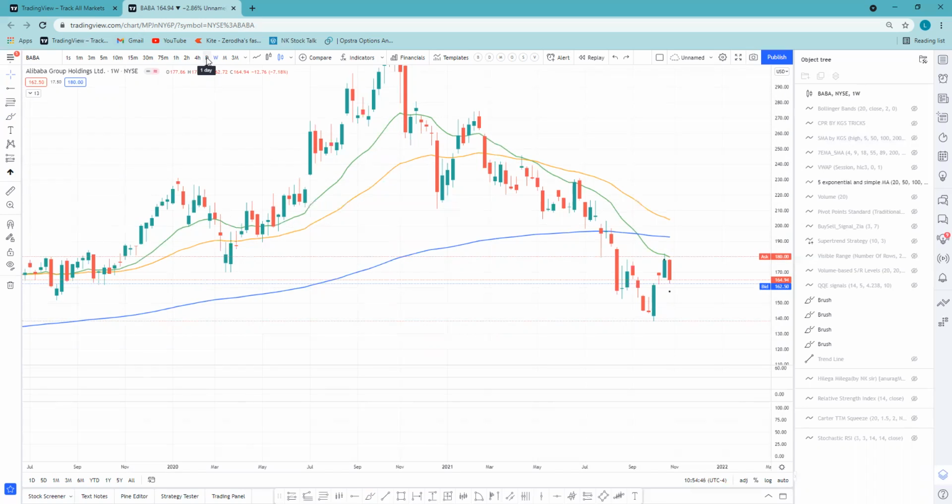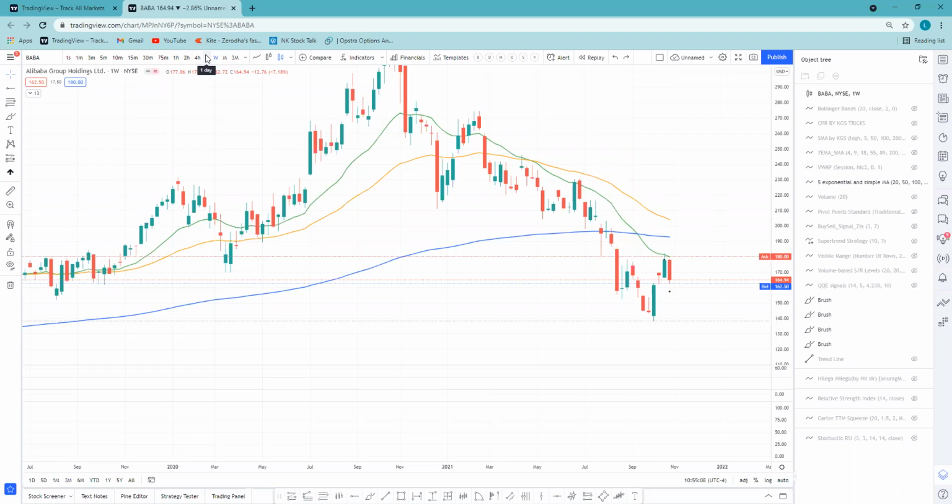Some will react to the 20 and take support and move higher. Some will react to the 50, some will take support at the 100 and then move higher. So each stock has a different characteristic, and you need to remember which moving average the stock you are watching reacts to.